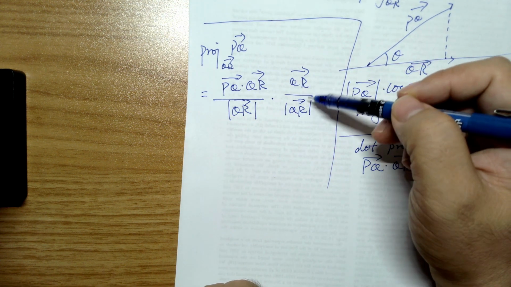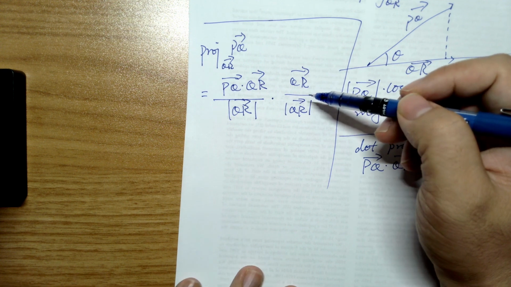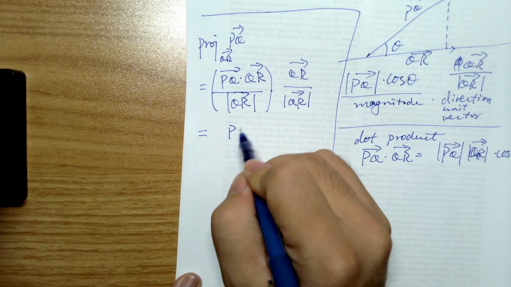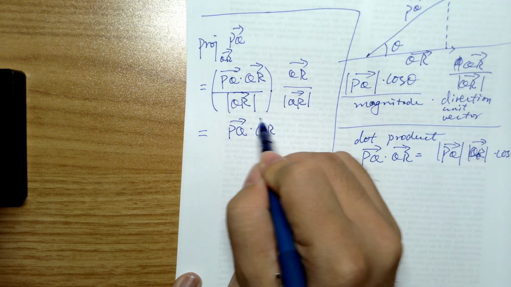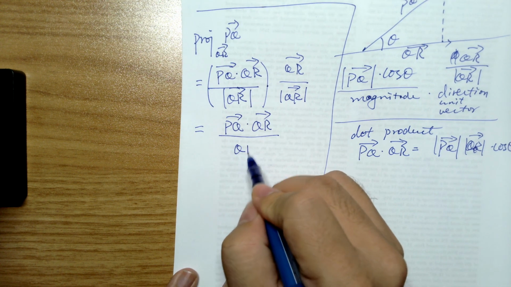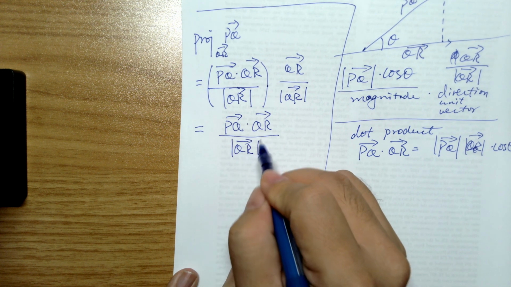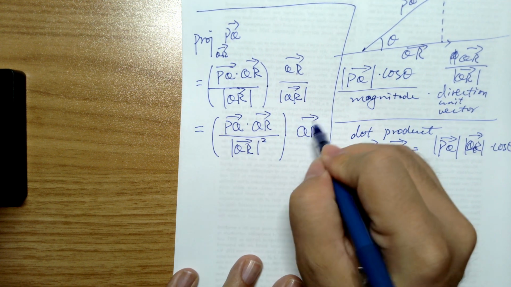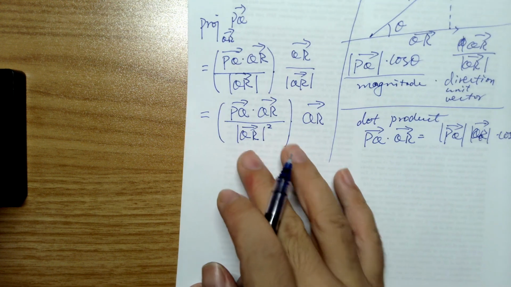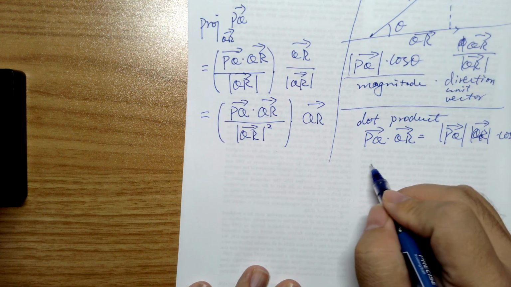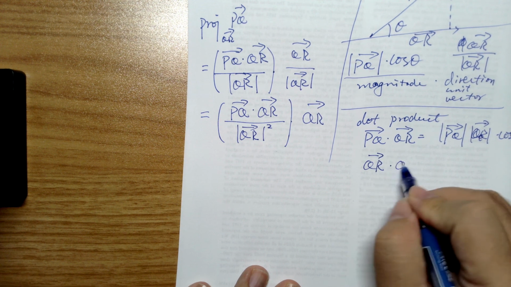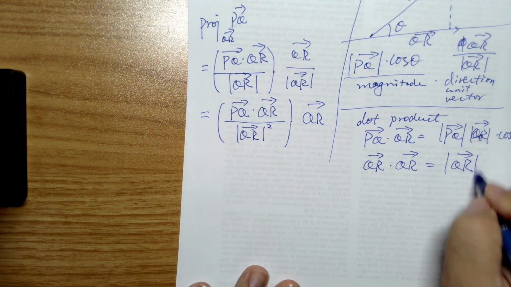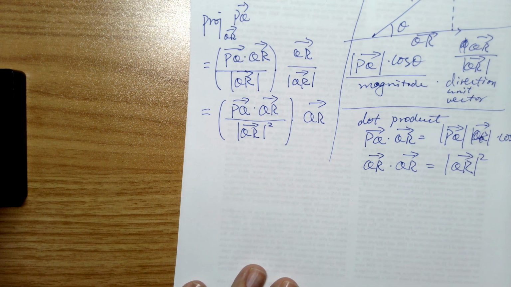Keep in mind, this is a scalar. This is also a scalar. So only this part is a vector. We can even simplify a little bit more into PQ dot QR over the QR magnitude squared, and then times the vector QR. Another property of the dot product is that QR dot QR gives you the QR magnitude squared.